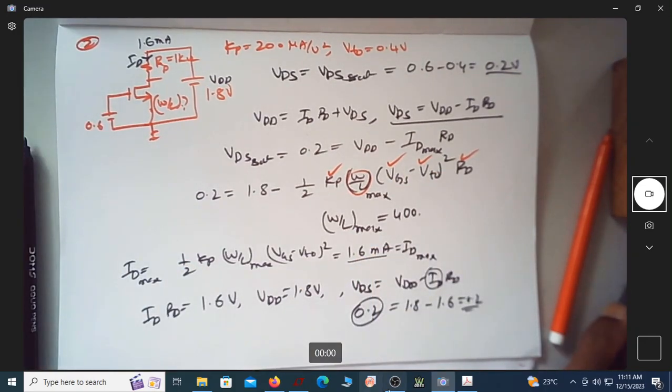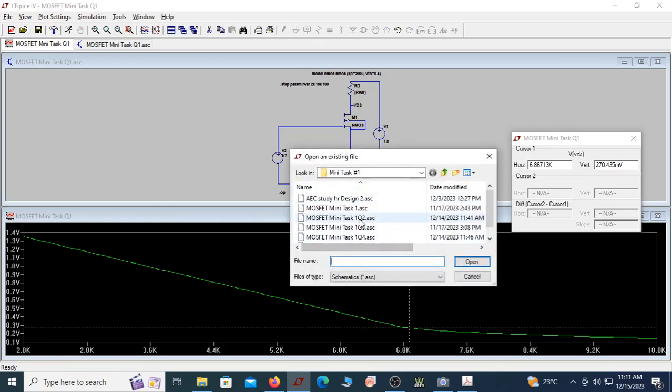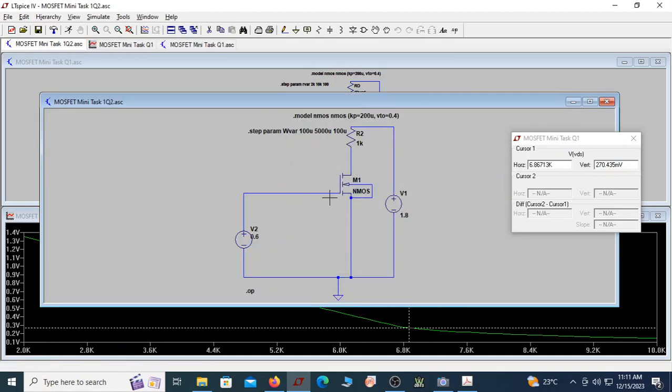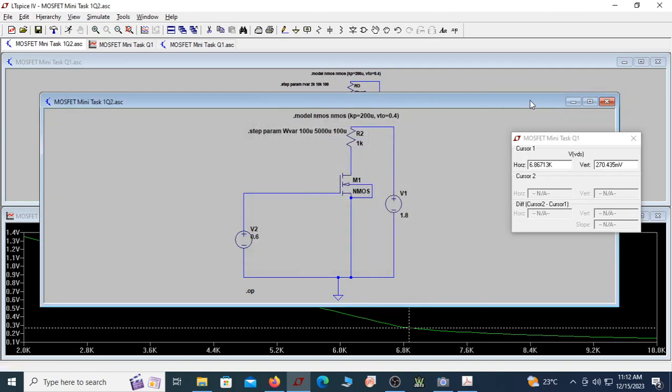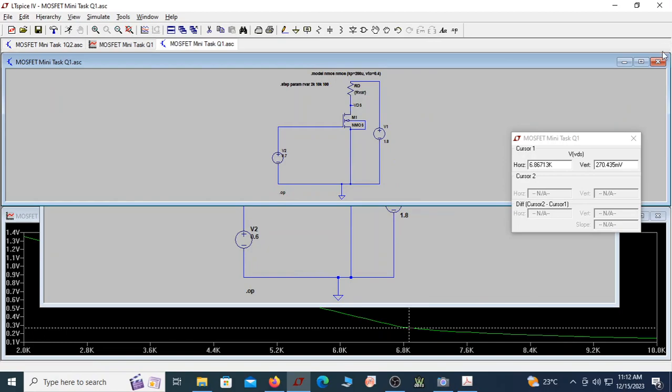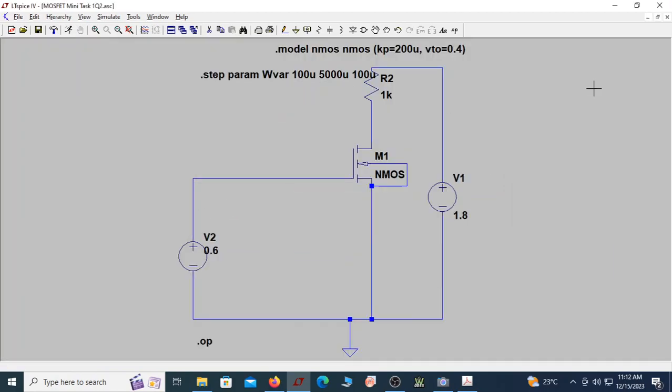So let us verify the same thing over here in the simulation. Let me open that second circuit. This is my second circuit where I have W as a variable. This length is kept at 10 micro, so that whenever the W becomes 4000, W by L becomes 400. So let me delete this and close that, and do the simulation.